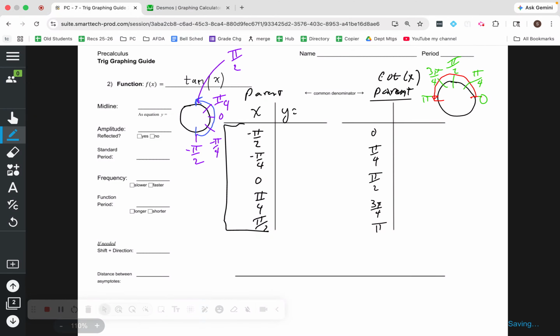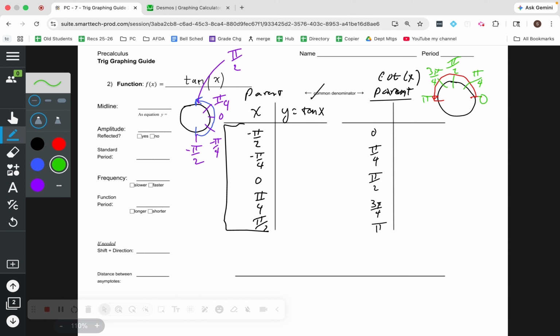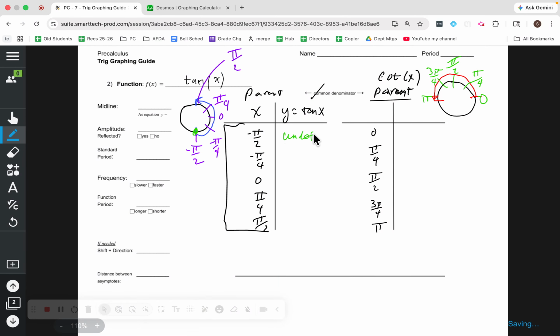Now in terms of what the y is at each of those stops, it's the value of tan at each of those locations. And so, it's just something you need to know from the last unit that tan here is undefined. Okay?